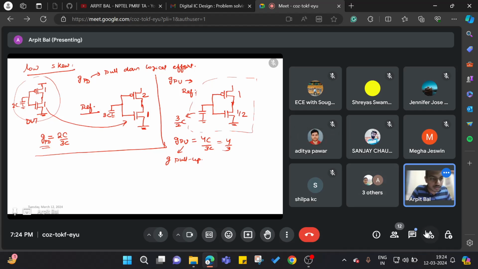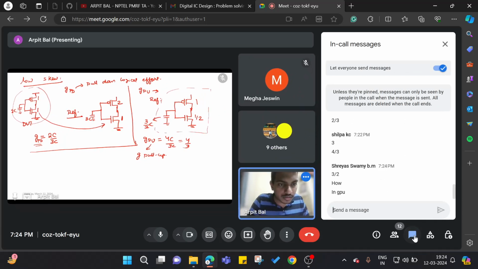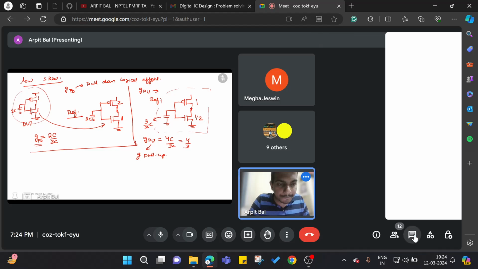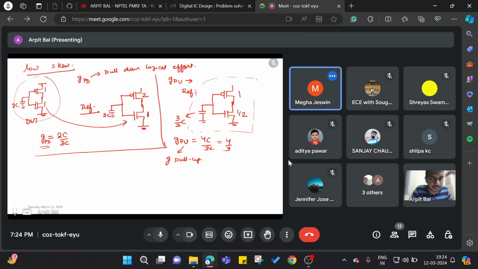Whatever I have drawn here is basically the reference inverter. Our actual circuit is this one, for which we need to calculate the GPU and GPD.